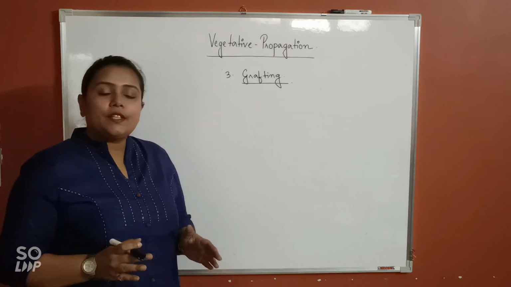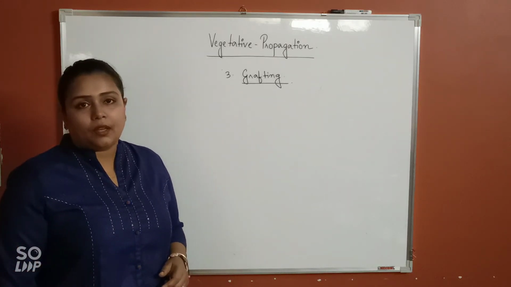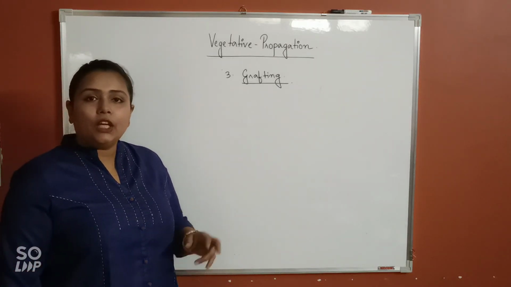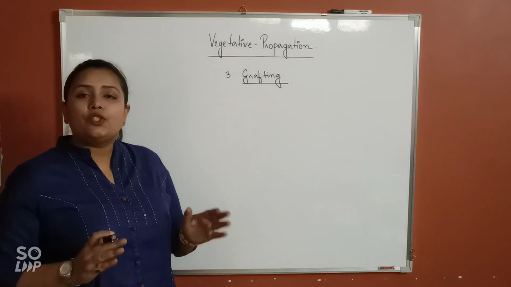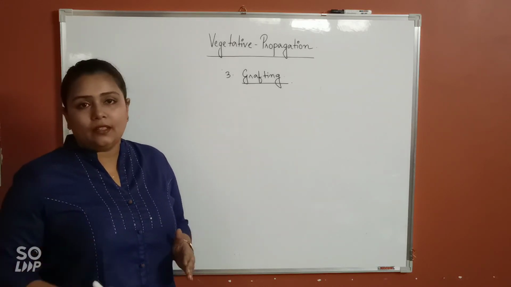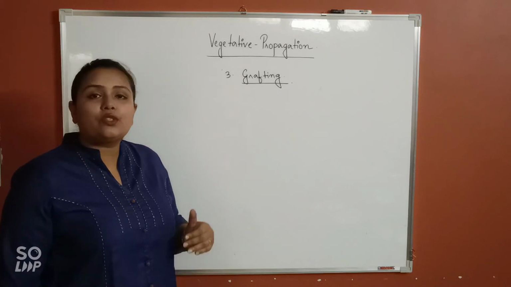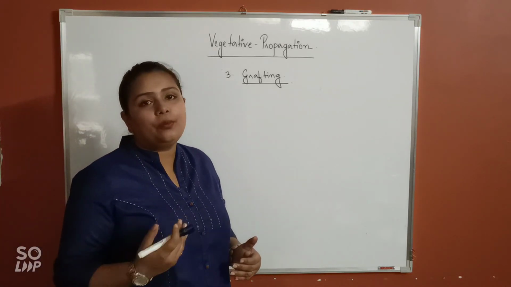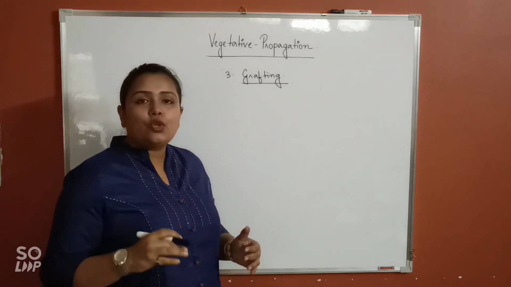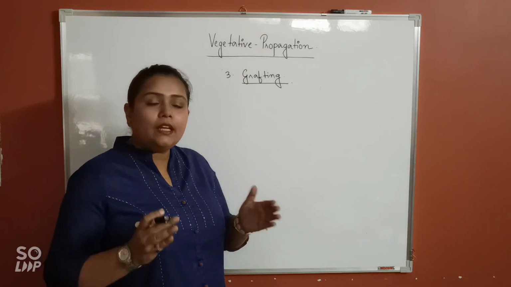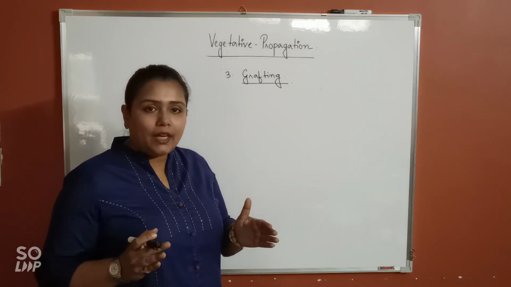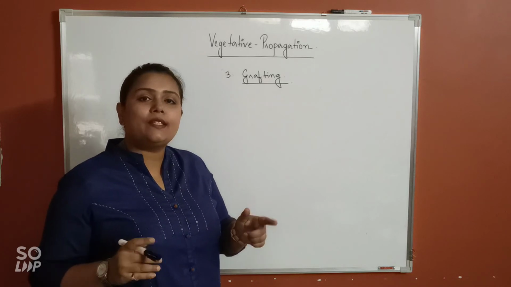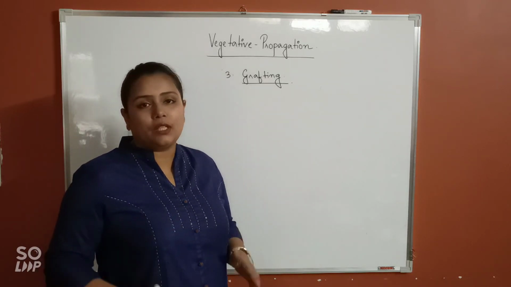Now grafting is a very interesting process. In grafting, two plants are going to be taken. One will contribute with its root system, another will contribute with its shoot system. So we will combine the two plants in a manner that they will unify and then start growing as a single plant or a composite plant.